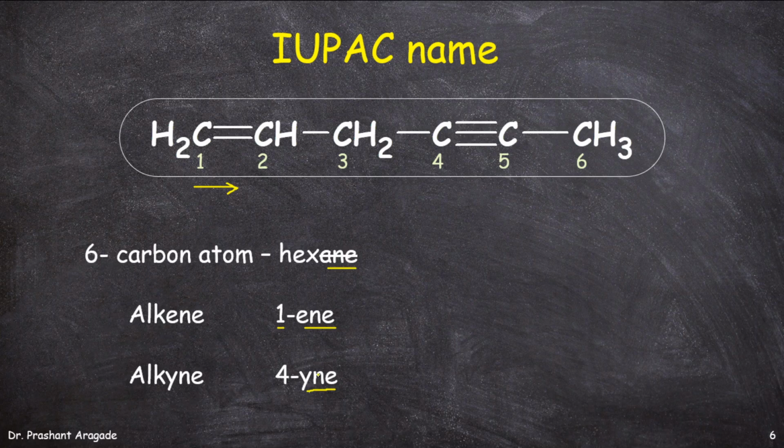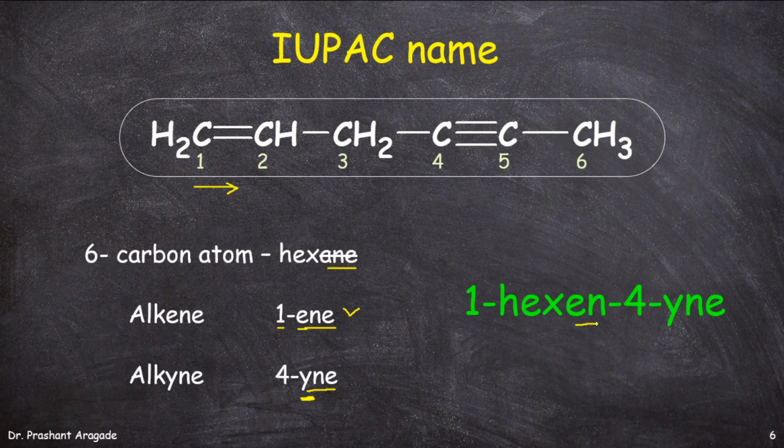Now how to write the IUPAC name for these compounds? So here two functional groups are present, that is ene and yne. One starts with E and the other starts with Y. So you have to arrange them alphabetically. So E comes first and later Y comes. So the name of the compound is 1-hexen-4-yne.